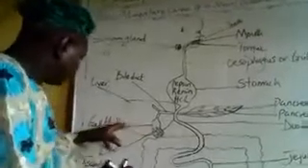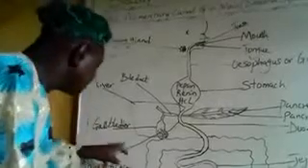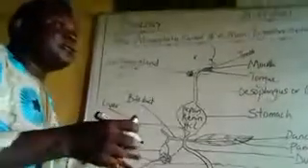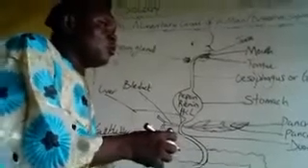This bile, as you can see, helps in the emulsification of fats and oil. Here, the food has turned into a liquid form.